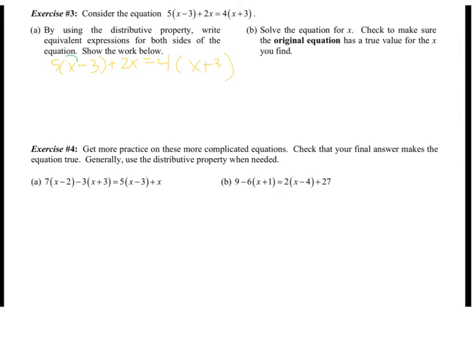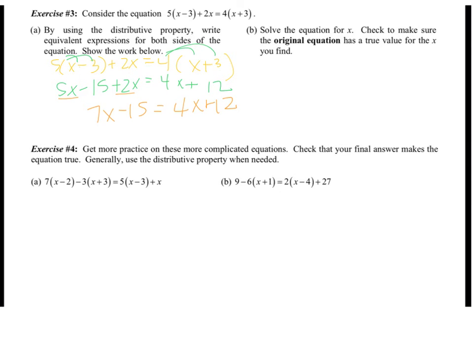So 5 times x is 5x, 5 times negative 3 is negative 15, plus 2x equals 4 times x is 4x, 4 times 3 is 12. We need to combine like terms. So 5x and 2x make 7x minus 15 equals 4x plus 12.